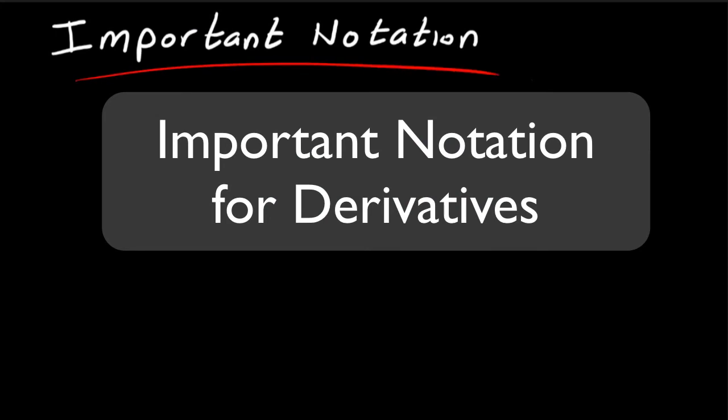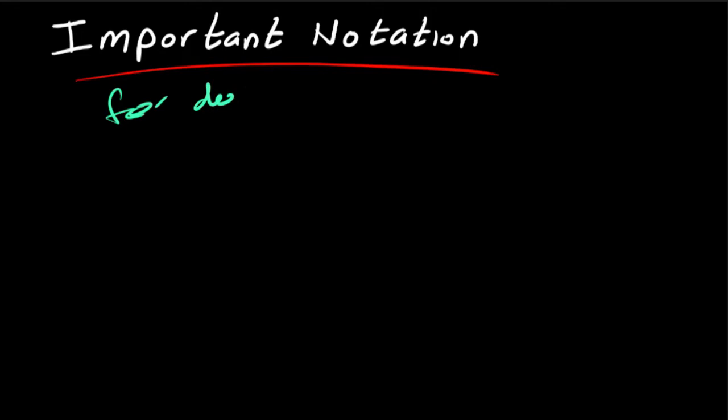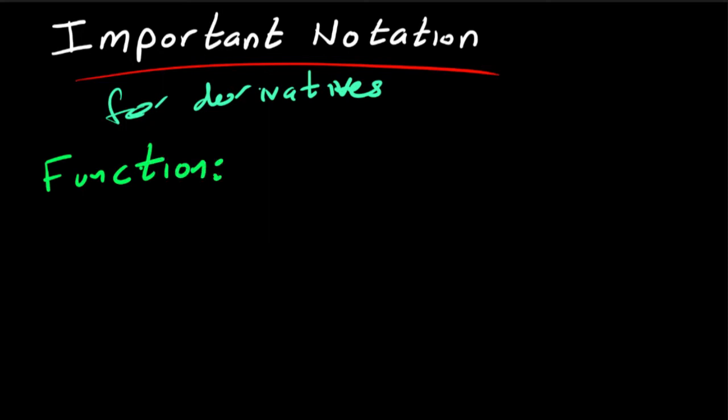I want to talk to you guys about some important notation for derivatives. We have different ways of writing derivatives. For example, let's say you have a function, I'm going to call it f of x.